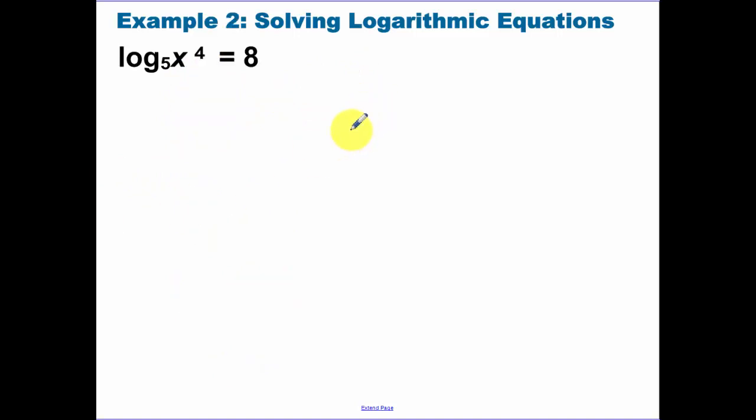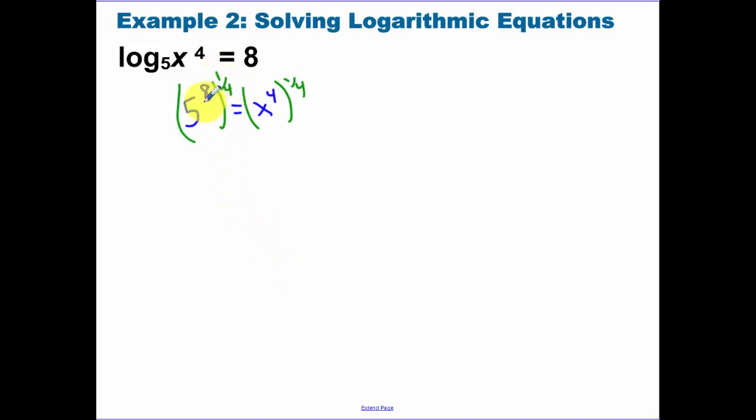Okay, solving logarithmic equations. Since we have the logarithm equal to 8, 5 to the 8 is equal to x to the 4th. Okay, now we take both sides to the 1/4 power.